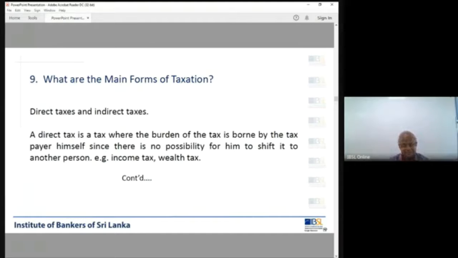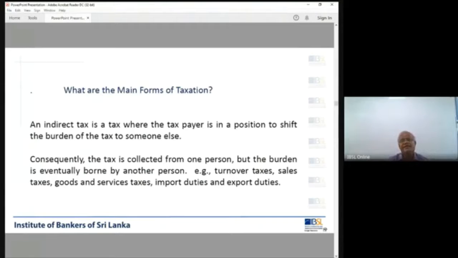When there's a tax, traders pass their burden to the individual consumer. But direct taxes, you cannot pass. An indirect tax is a tax where the taxpayer is in a position to shift the burden of the tax to someone else. Someone else means consumers. Tax is collected from one person, but the burden is eventually borne by another person.